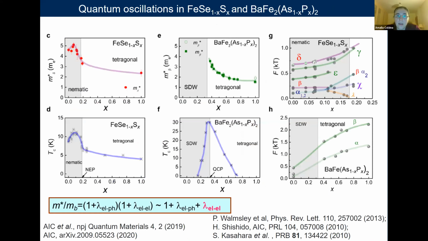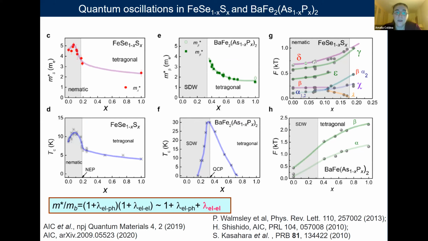Yes, indeed, one can see that if we represent it over a bigger scale, because in the barium 122 system we have to remember we started from the tetragonal towards the spin density wave. So when you move from here, you change the mass from about 2 to about 3.5. That's what criticality and the values we were talking about in the barium 122 system.